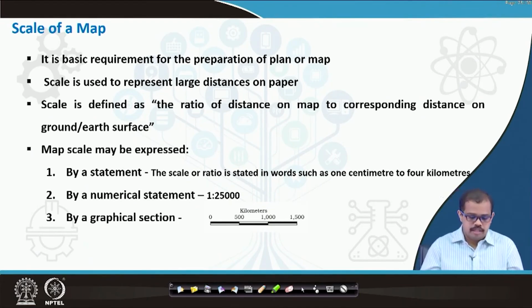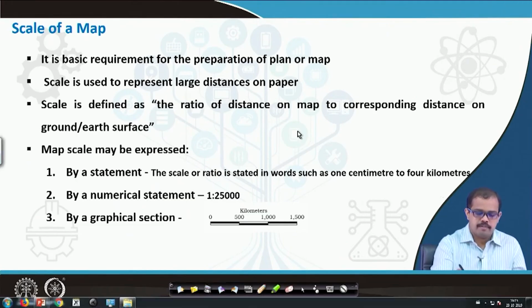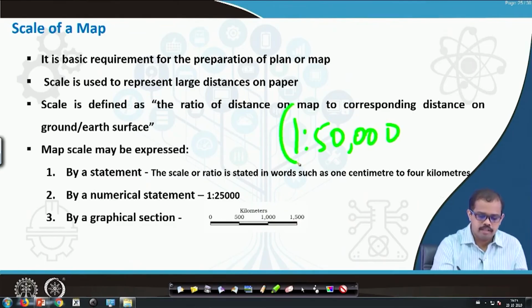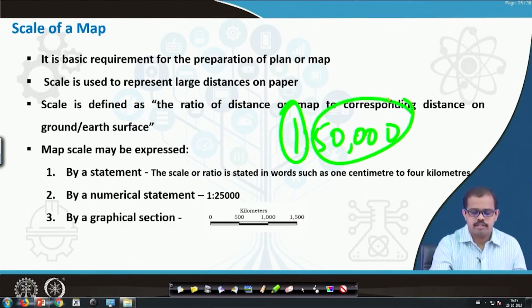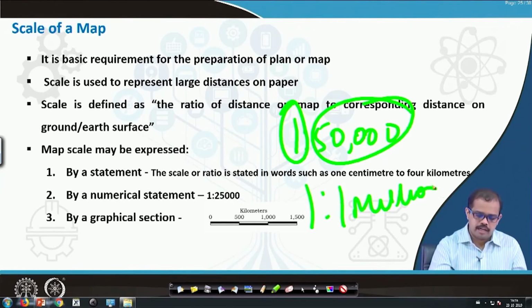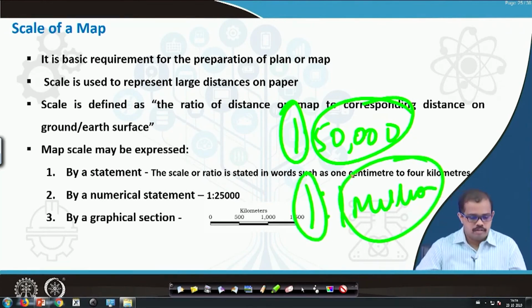That I have already said. If I am representing, let's say, a 1:50,000 map, it means that 1 unit on the map is 50,000 units on the ground. If I represent a 1:1 million map, it means that 1 unit on the map is 1 million units on the ground. Okay, so keep this in mind.